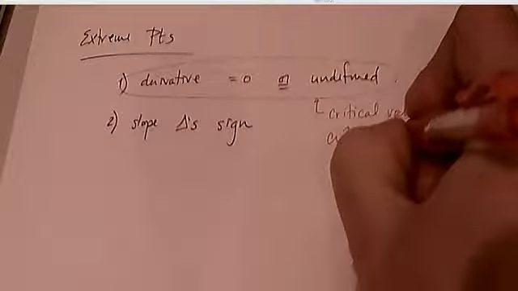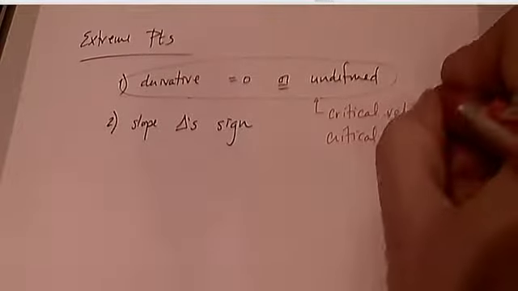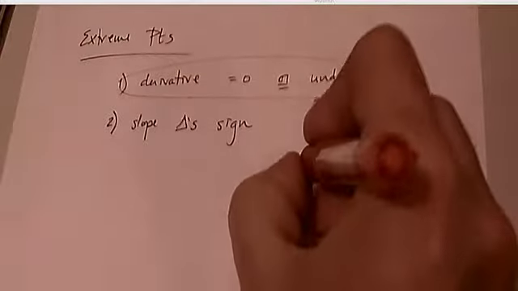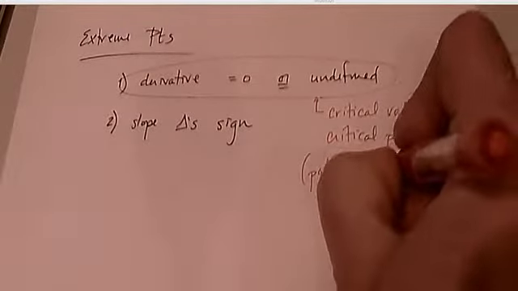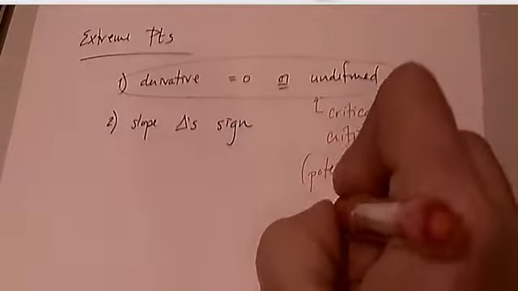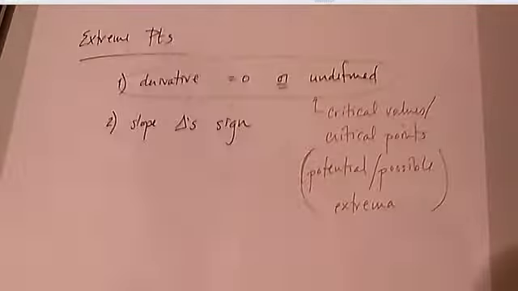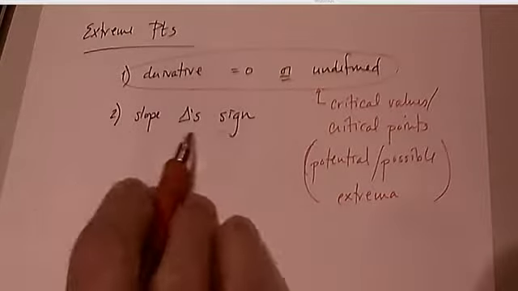So if you're ever doing your homework and you see critical values or critical points, basically critical values or critical points are possible or potential extreme values. Okay? Possible extrema. And you only know after you check for that second portion.